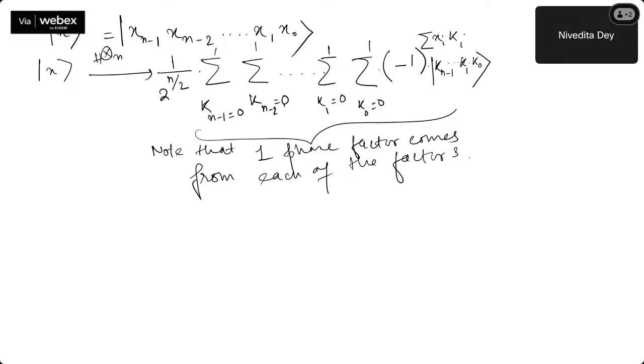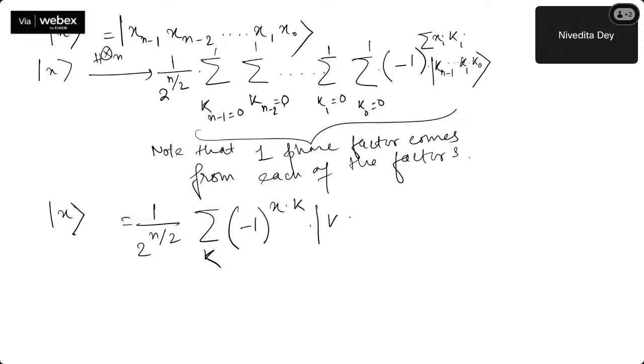So this in a more compact representation can be written as 1 by 2 to the power n by 2, sum over k, not a particular ki but all the k's, minus 1 to the power x dot k times ket k.